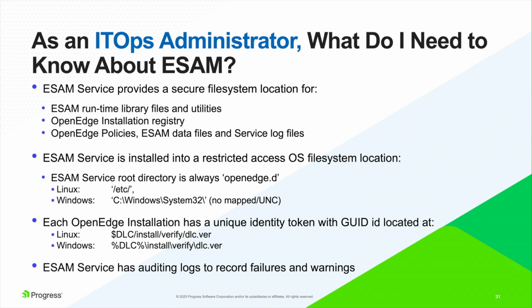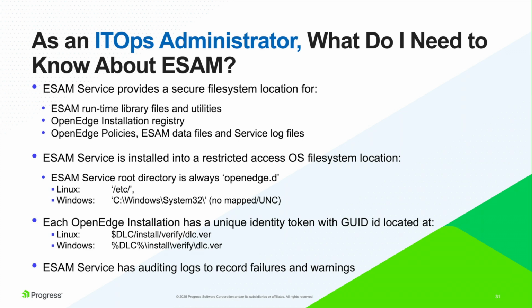It's installed into a restricted access OS location. So I've given you the root directory for both Linux and Windows. In both cases, the ESAM service directory name is openedge.d, not to be confused with the OpenEdge file in the same root directory.